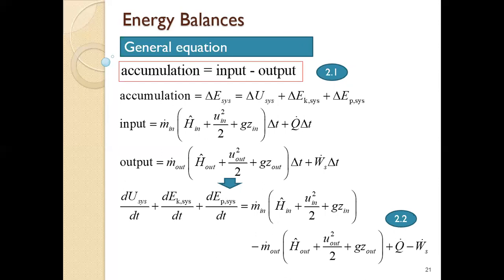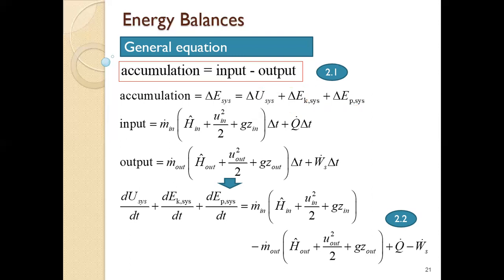For energy balance, we talk about internal energy, kinetic energy and potential energy. Accumulation means energy of the system, in a similar way to the mass balance, where accumulation means mass of the system. For this case, we talk about the internal energy, kinetic energy and potential energy of the system. This is the accumulation term: delta U, delta EK, delta EP.